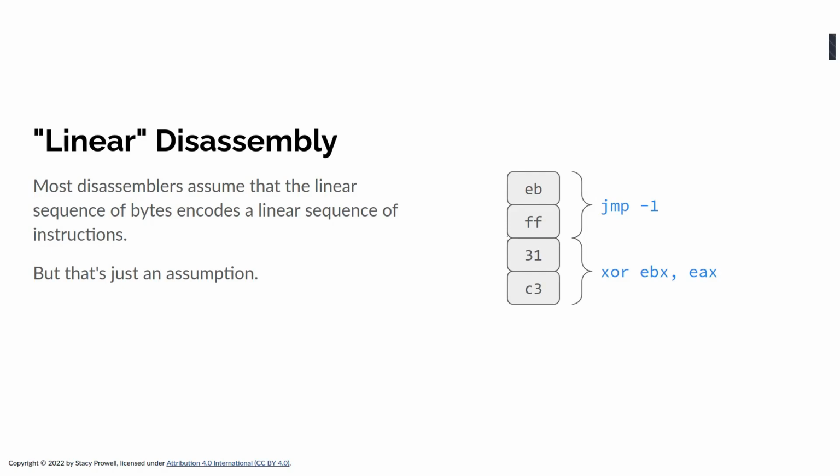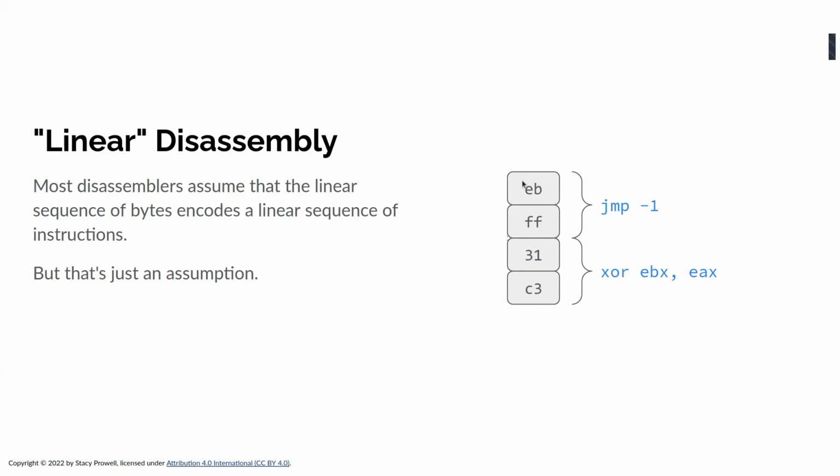The processor is always trying to do as much stuff in parallel as it can, and most of what it does gets thrown away. So it grabs the byte starting with EB, the byte starting with FF, and with 31 and with C3, and it begins to interpret all of those. And when it realizes that this is a jump instruction, it knows it can throw away the rest of the pipeline and figure out this jump.